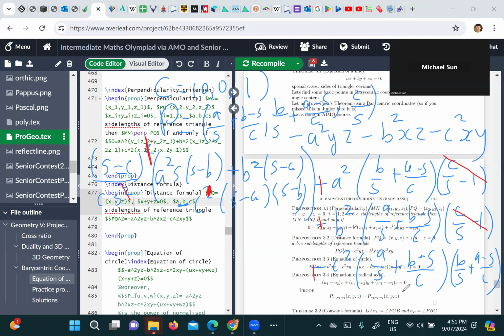This is equal to S minus A times B plus A minus S, which is basically S minus C. This is S minus B, S minus C. So it was like S minus A times A plus B minus S, and this is S minus C.